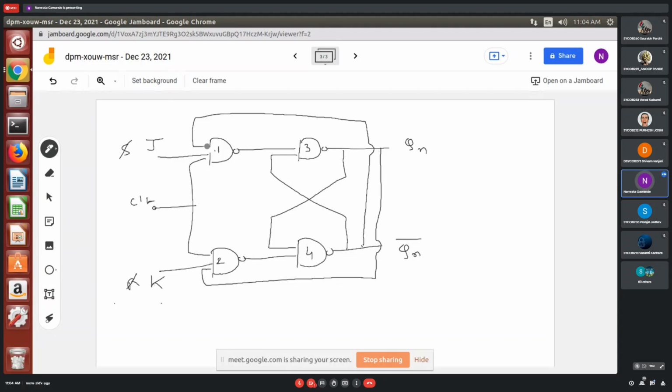Now here you can see two inputs are there, right? So with this, over here, I will write again the same truth table for SR. Just now we have seen SR: 0, 0, 0, 1, 1, 0, 1, 1.